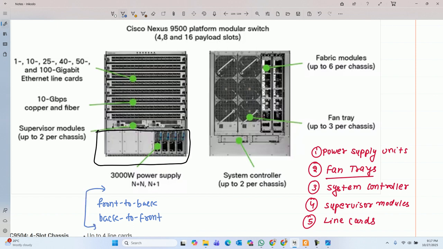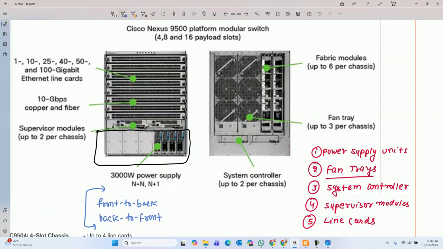If you have a blue handle on the fan trays, it means that it has front to back airflow, and if the handle is red, it means there is a back to front airflow. But it doesn't make any difference, the airflow should be there, just to cool down the whole system.